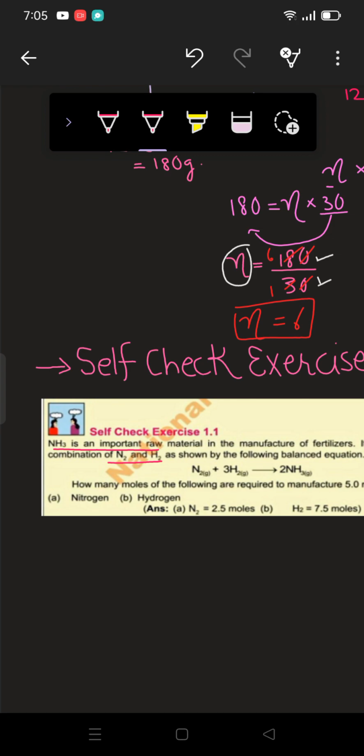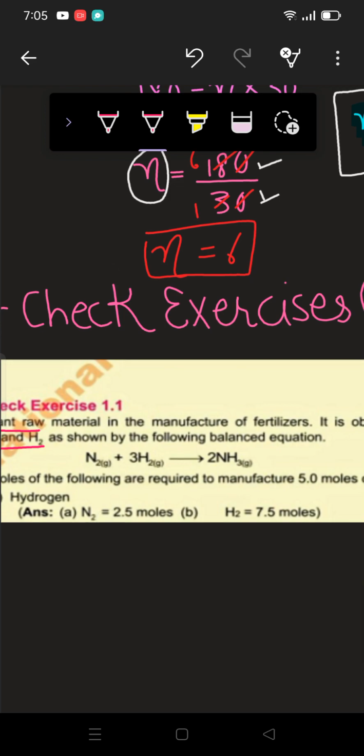If they say NH3 is an important raw material, you don't need to do anything with it. We know that NH3 is important, so leave that. It is made up of a combination of N2 and H2. Now see the chemical equation.